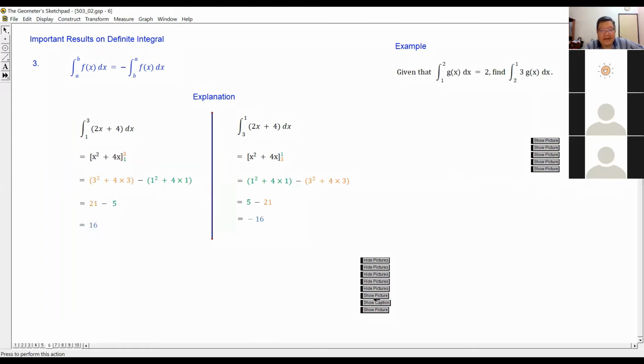So what can you say about these two definite integrals? The right hand side is actually the same as the left hand side, except that there is a negative sign in front. If you put a negative in front of the one on the right hand side, you will get the same value as the one on the left hand side.